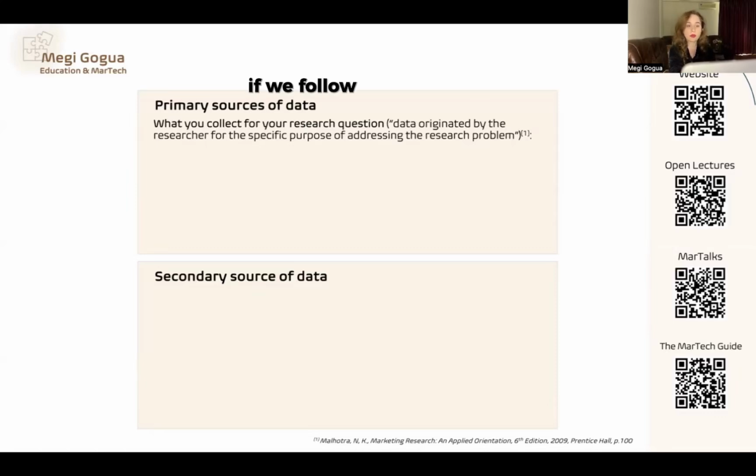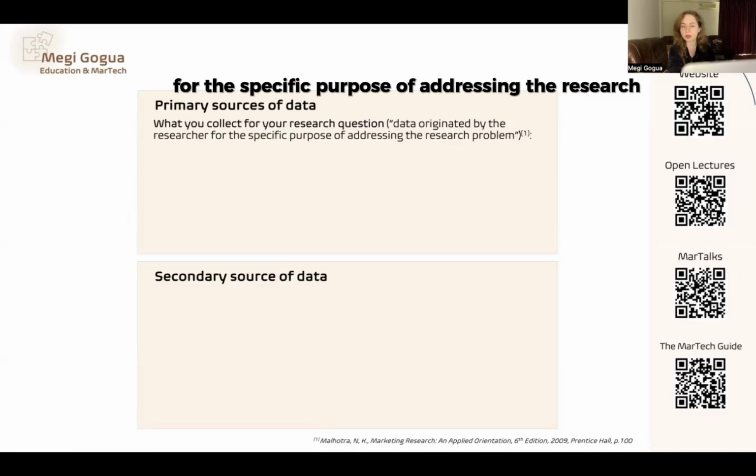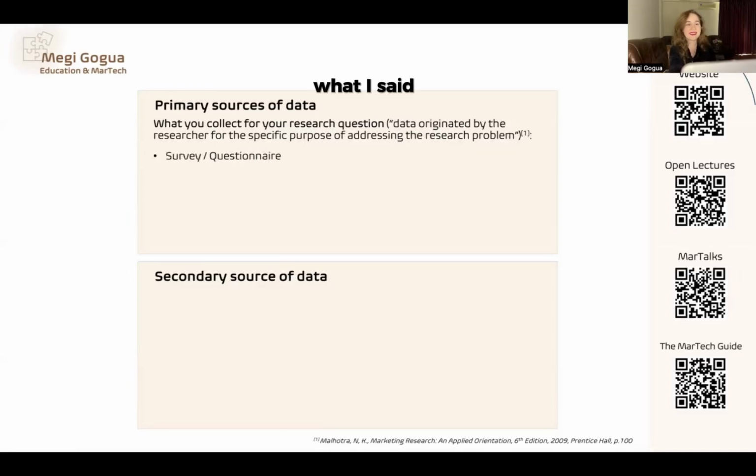If we follow one of the major books in marketing research, by Malhotra, here you can see the source at the bottom of the slide, the quote is: data originated by the researcher for the specific purpose of addressing the research problem. What I said, basically.